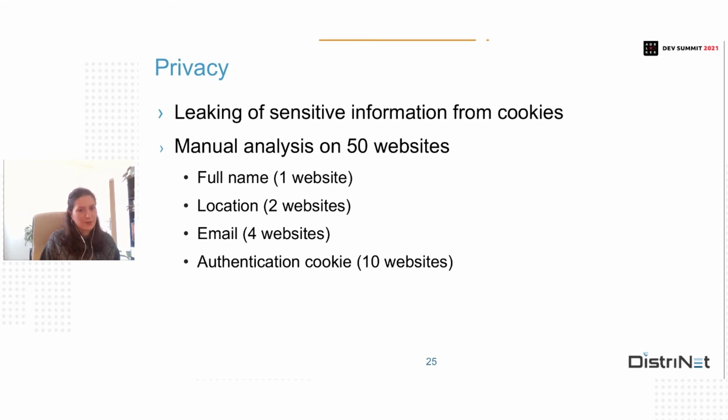We also found some sensitive information that was leaking in cookies. We did a manual analysis on 50 websites, and on 17 out of the 50 websites, we found at least some information leaking. For instance, in one case, we found the full name of the user, the location, the email address, and even in 10 cases, the authentication cookie, which also poses some security issues.